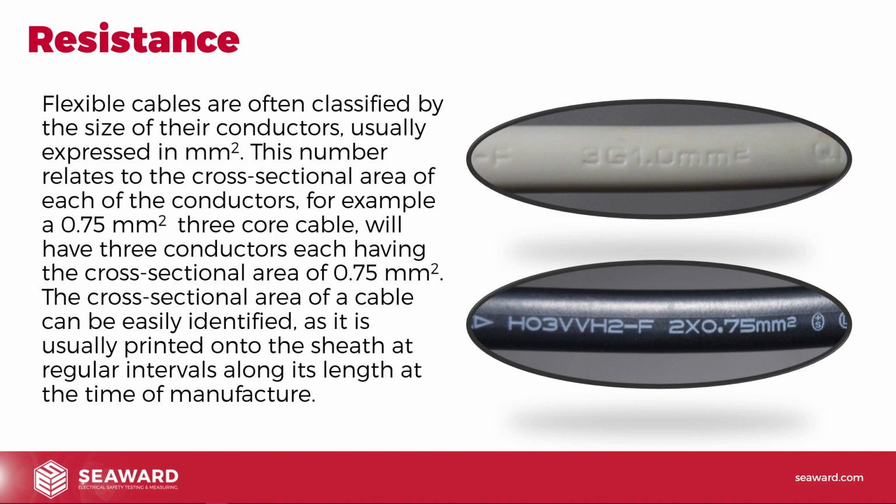You'll see it says 2 times 0.75 millimeter squared. So it's telling us that in that cable there's 2 0.75 millimeter squared conductors. And obviously in both cases, each of those conductors will be made up of many smaller strands of wire. But those smaller strands of wire, when added together, have the overall cross-sectional area of what's displayed on the cable.